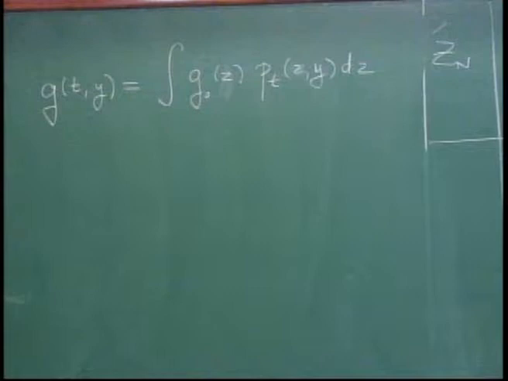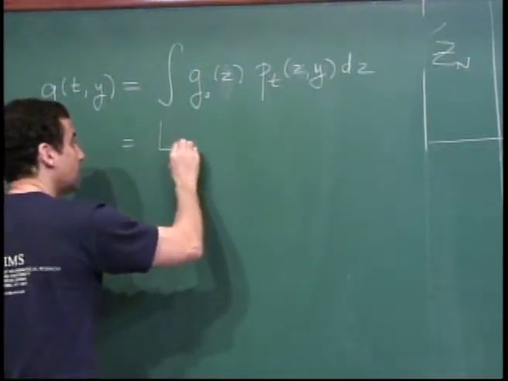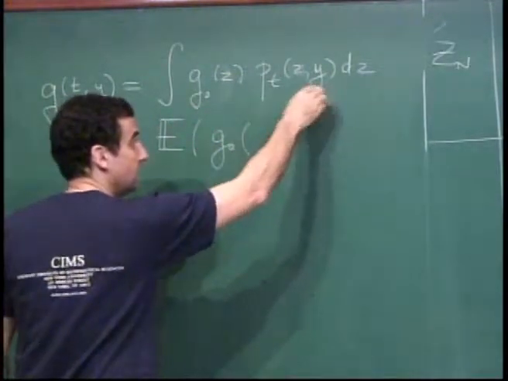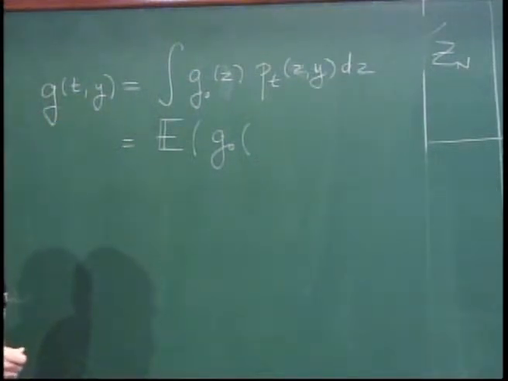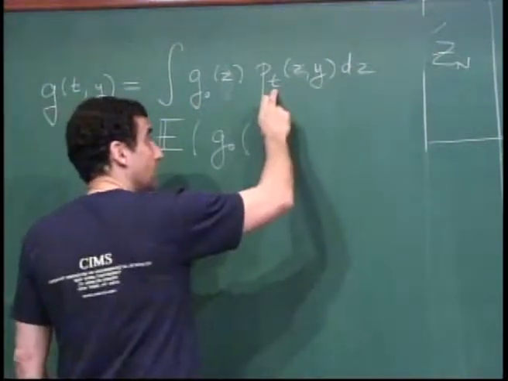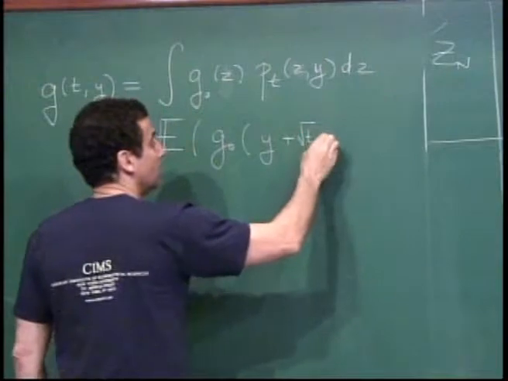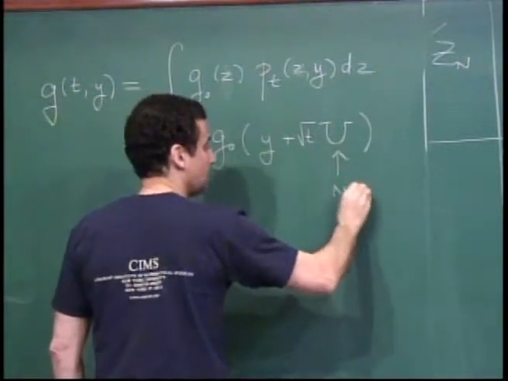So you know this, but what is that? If you want another way to write it, it is the expectation of G0 of y plus square root t times u, where this is the density of a Gaussian variable with mean y and variance t, and u is N(0,1).